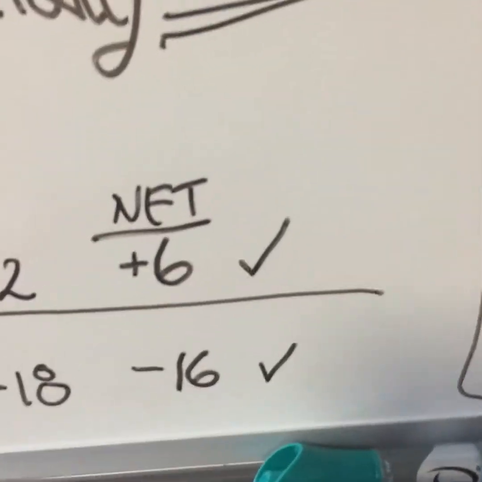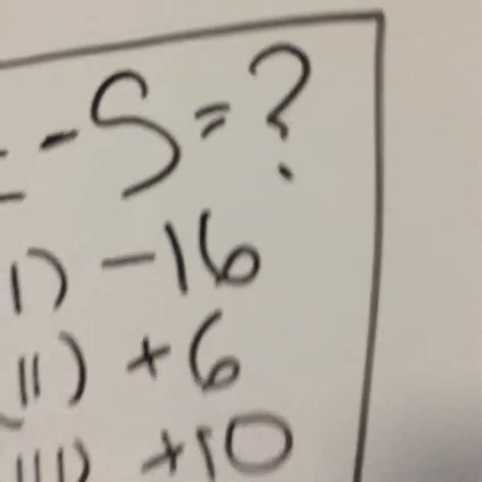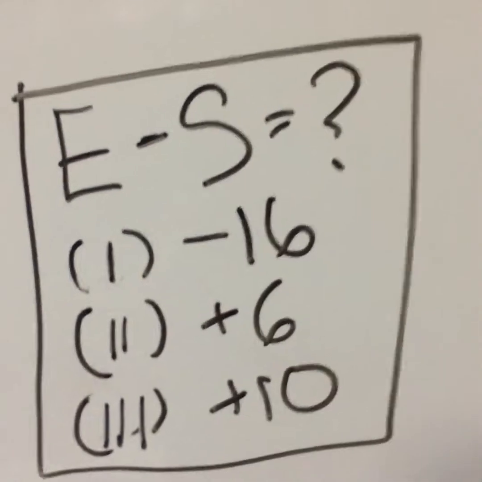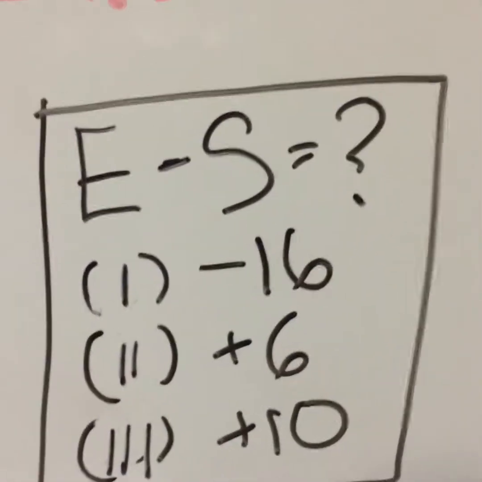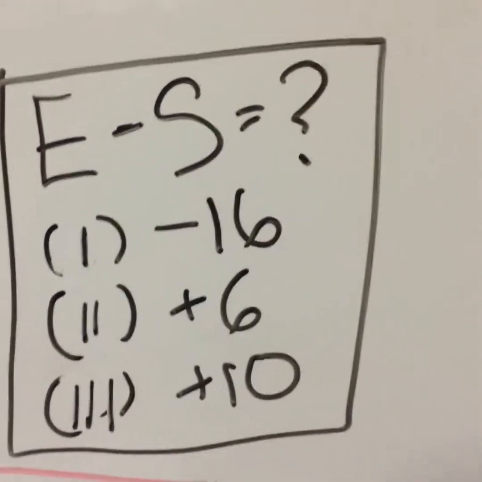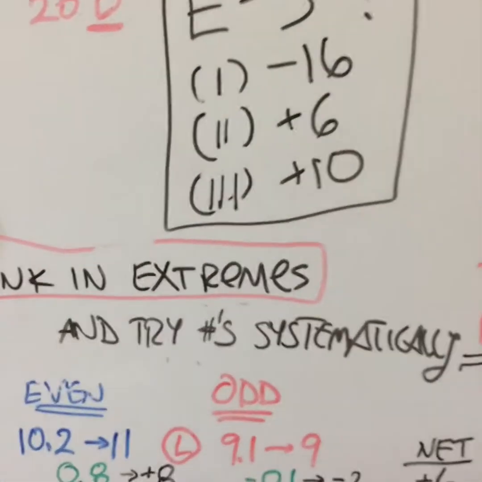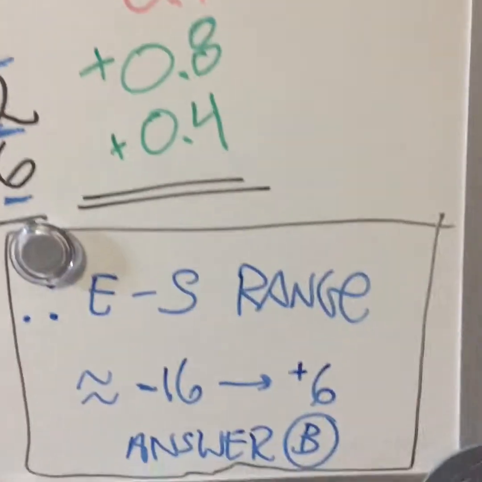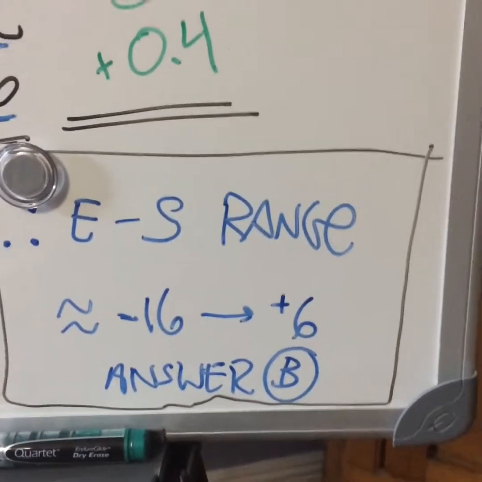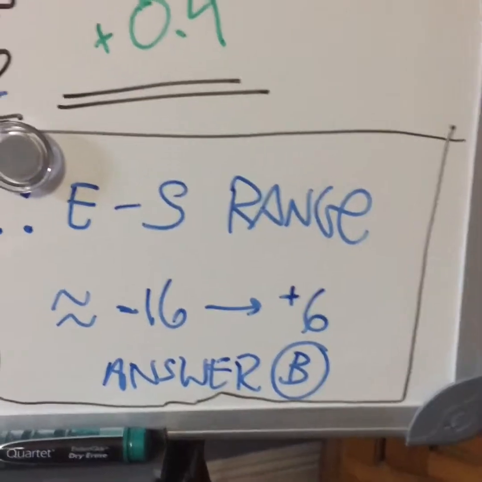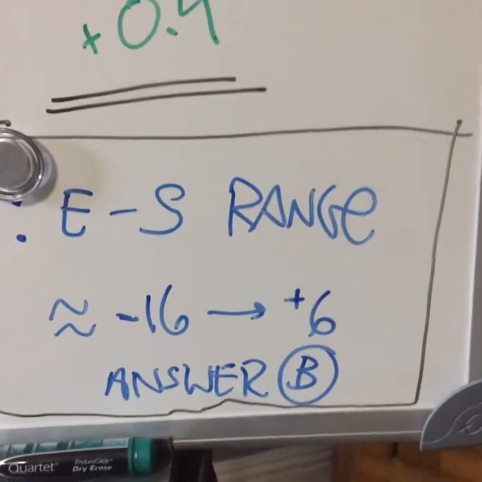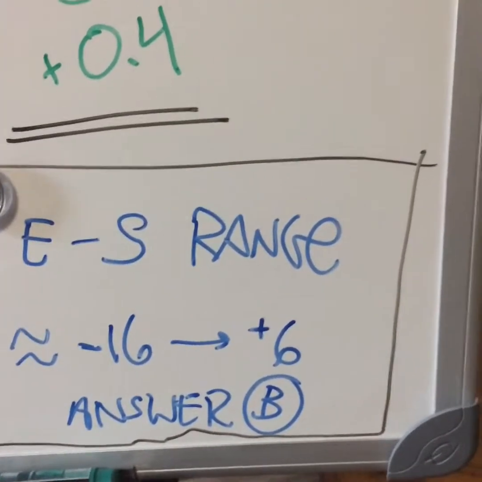And lo and behold, once again, we got super lucky because minus 16 is one of the possible E minus S values we're asked to check for. But the fact of the matter is we should recognize that the E minus S range is basically around minus 16 up to plus 6.